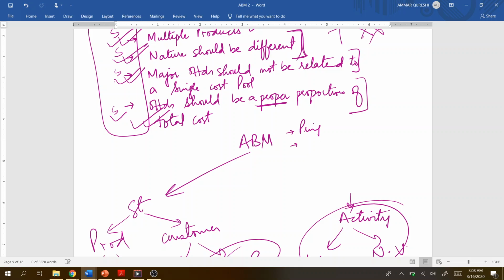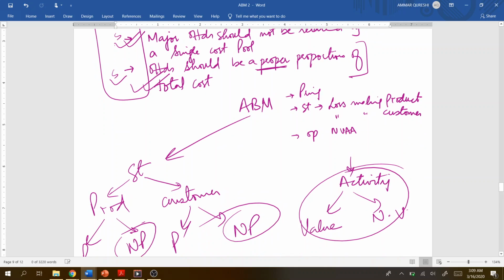We consider strategic ABM at a strategic level, where we identify a loss-making product, and in the same way we can identify some loss-making customers if the data is available. At operational level, we try to identify some activities which are non-value-added, and we need to minimize, reduce, or eliminate those activities.